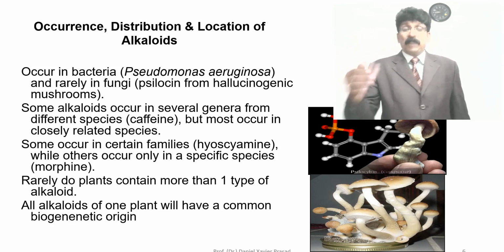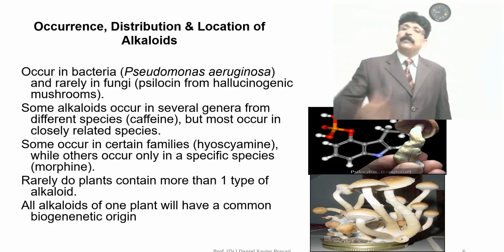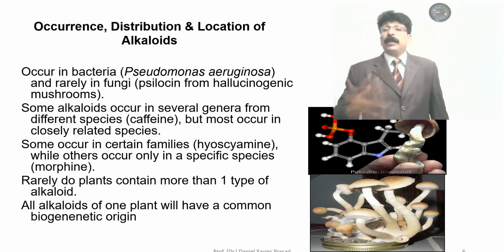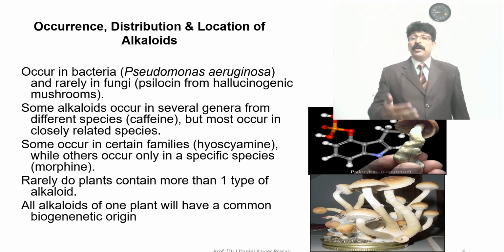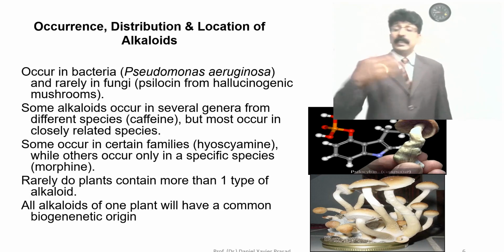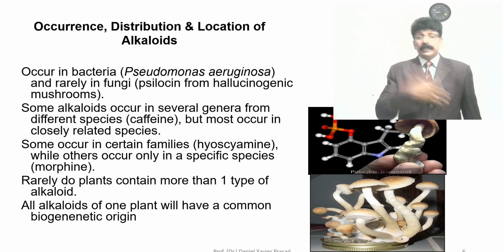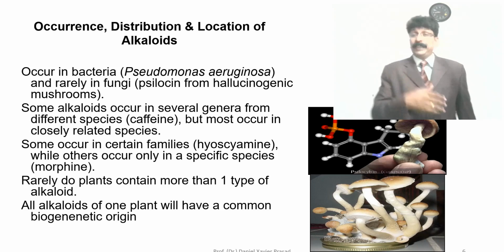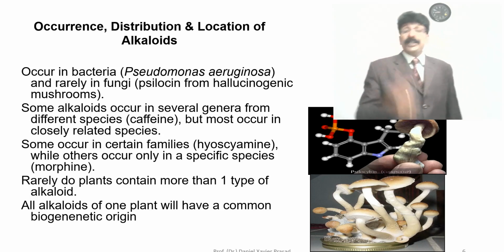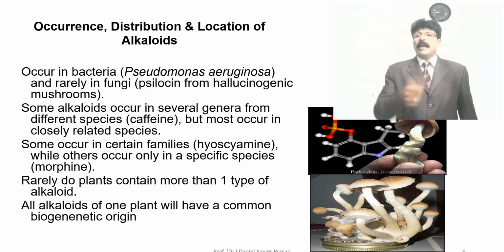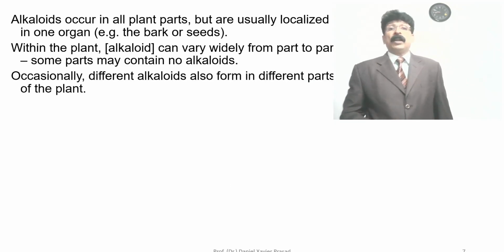We have biogenesis, biotransformation, biogenetic pathways like the shikimic acid pathway, the mevalonic acid pathway, and the acetate pathways, and amino acids, aromatic and aliphatic amino acids, which are responsible for producing various secondary metabolic products in the plants. So plant biochemistry is also very important. Biogenetic origin of many alkaloids.